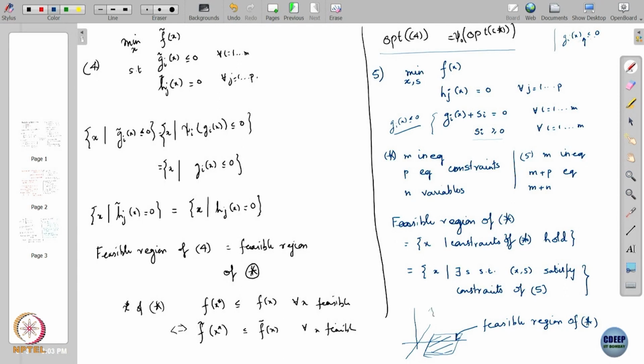What we have done here is, by introducing an additional variable, the feasible region of phi has become something like this.